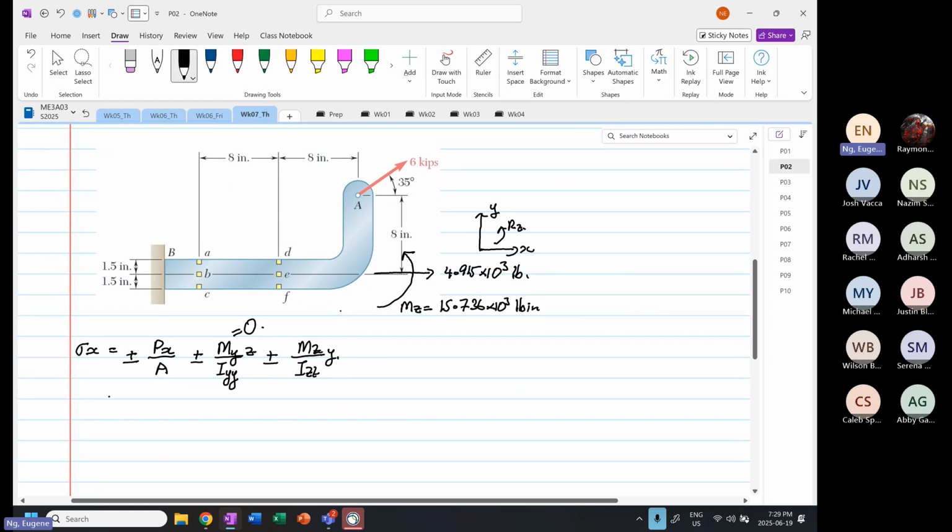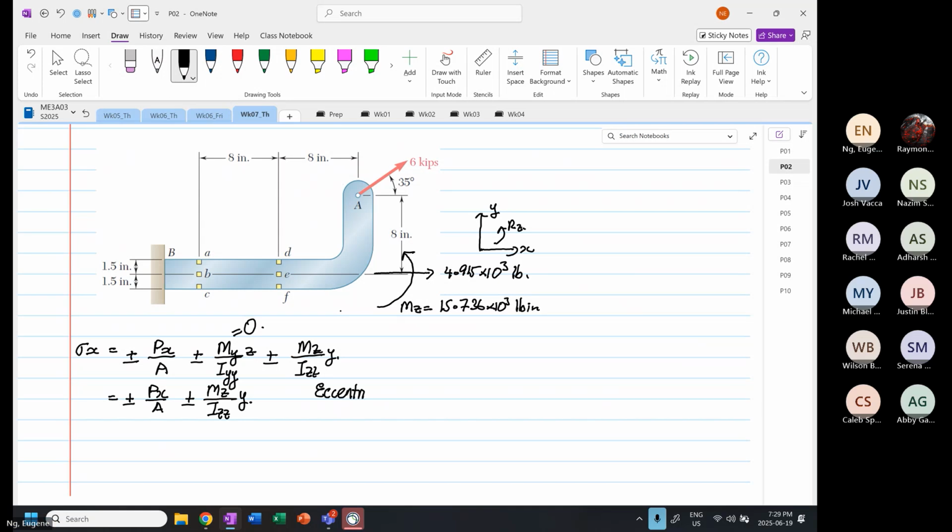So in the end, we only need plus minus Px over A, plus minus Mz over Izz multiplied by Y. From here, we know that our loading is classified as eccentric symmetrical bending.